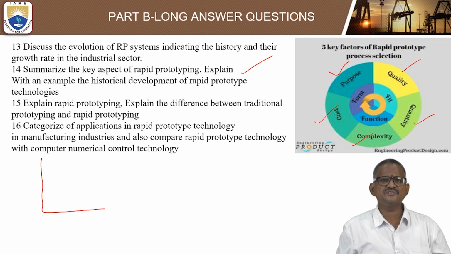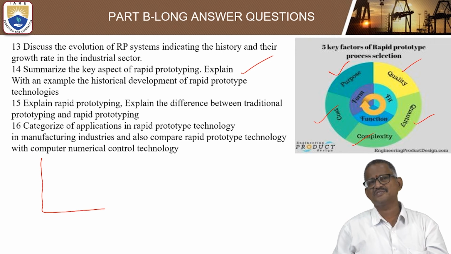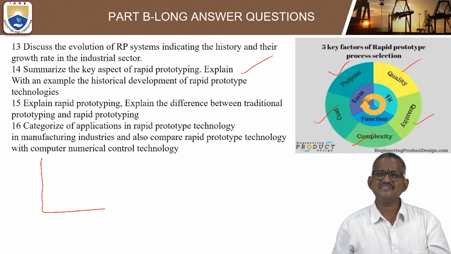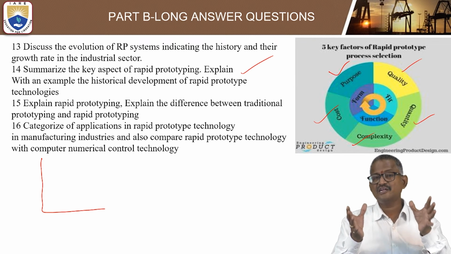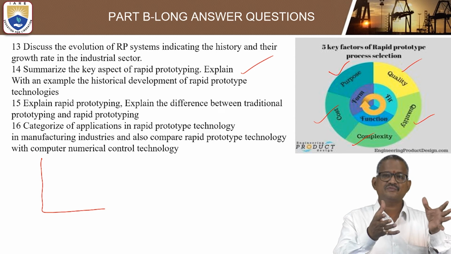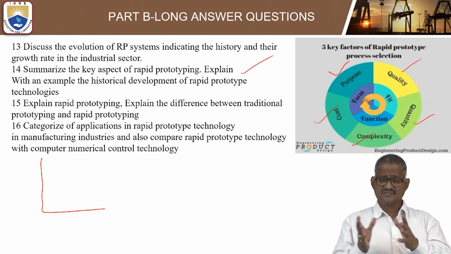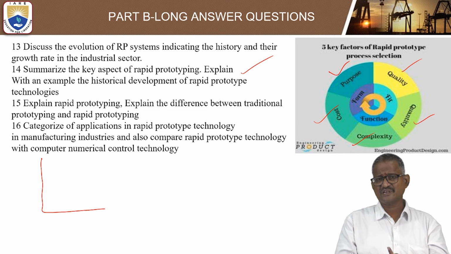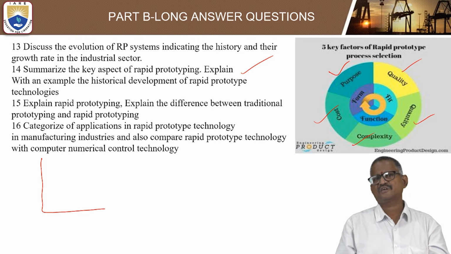Okay, and coming to categorizing applications in rapid prototype technology, especially you can see the construction field, where some 3D printed houses are being made at IIT Madras. Not only houses, but also medical applications, bio applications, and automobile applications widely use this rapid prototyping technology.